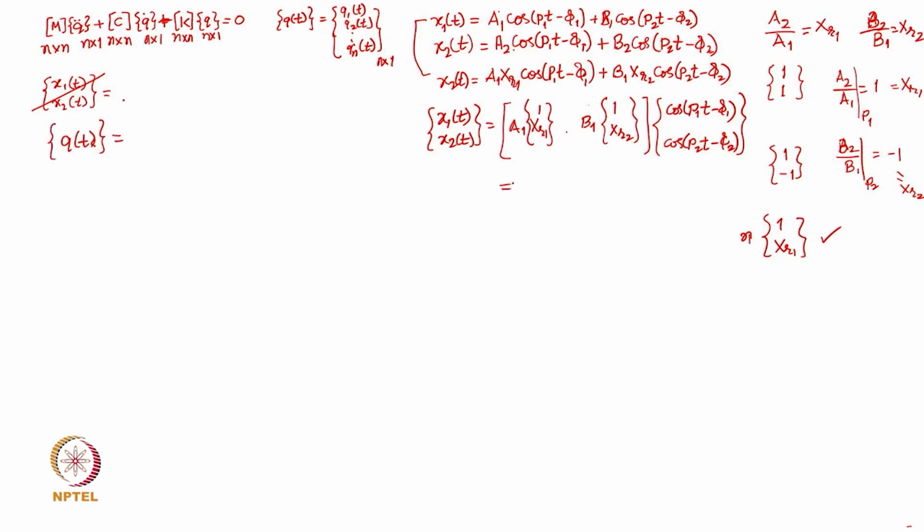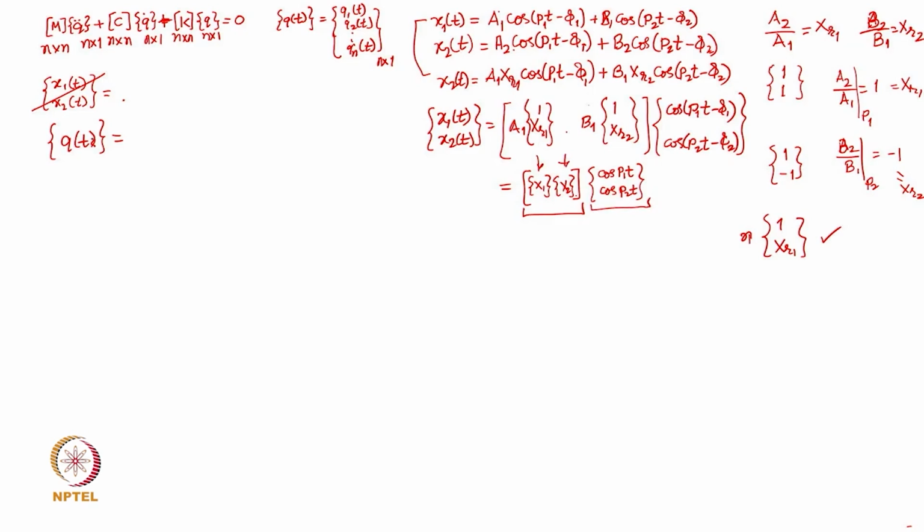The way I can write this is as a matrix which contains individual mode shapes like x1, x2 and so on, multiplied by cos p1 t, cos p2 t, just ignoring the phi which can be accounted for later, but it essentially is a matrix containing all the mode shapes of an n degree of freedom system multiplied by the harmonic time functions.